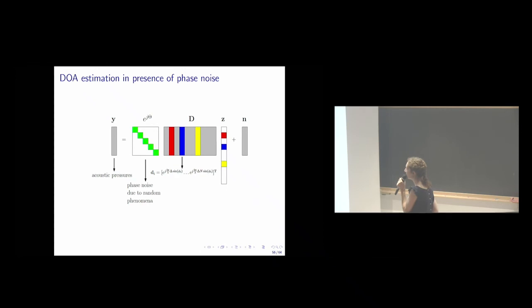And the phase noise here actually brings the random phenomena. In the following application, the random phenomenon was in the transmission matrix. In that case, it is here that you can find some random phenomena to be taken into account. So here the dictionary of steering vectors, of direction of arrival, and here the contribution of the source.